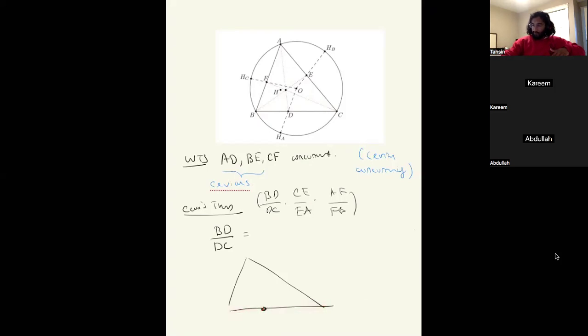One very common way is to calculate with these angles. If you can calculate these four angles, then you can calculate the ratio using the law of sines. Do you guys know how to do this calculation?